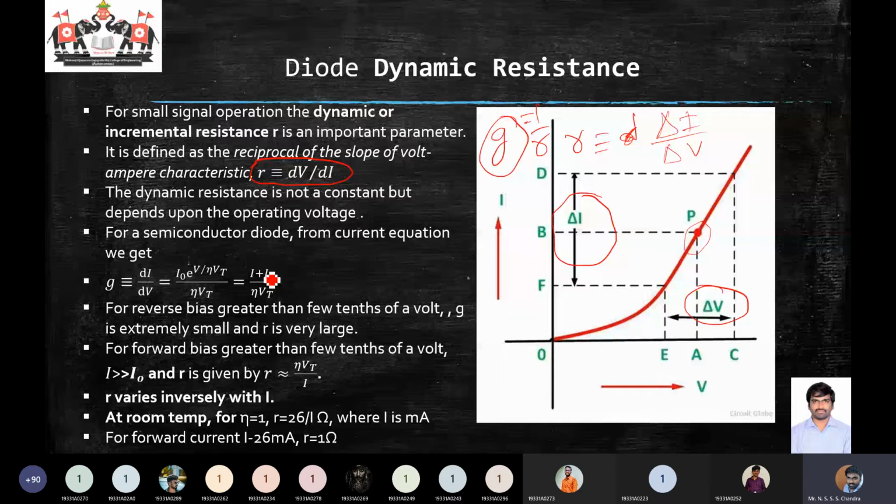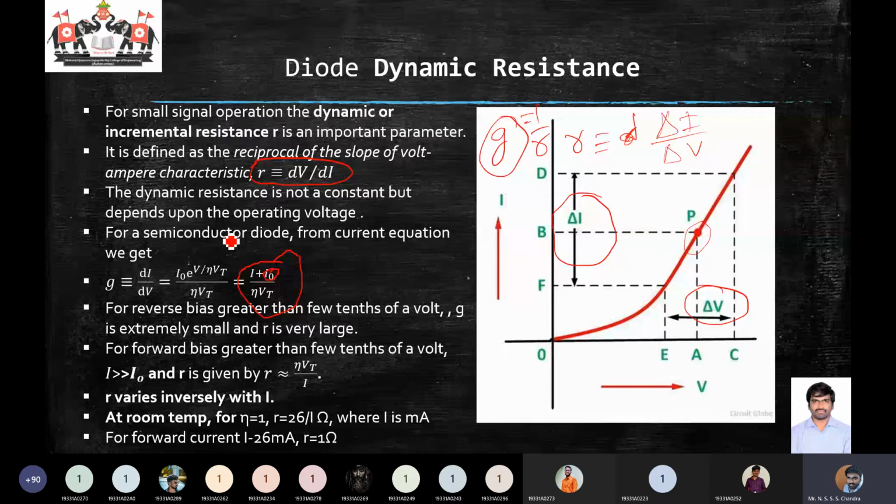I naught is your reverse saturation current, which is a small value, in the order of microamperes, whereas your forward current I will be in the order of milliamperes. So in this term, I can neglect the I naught term in forward bias.